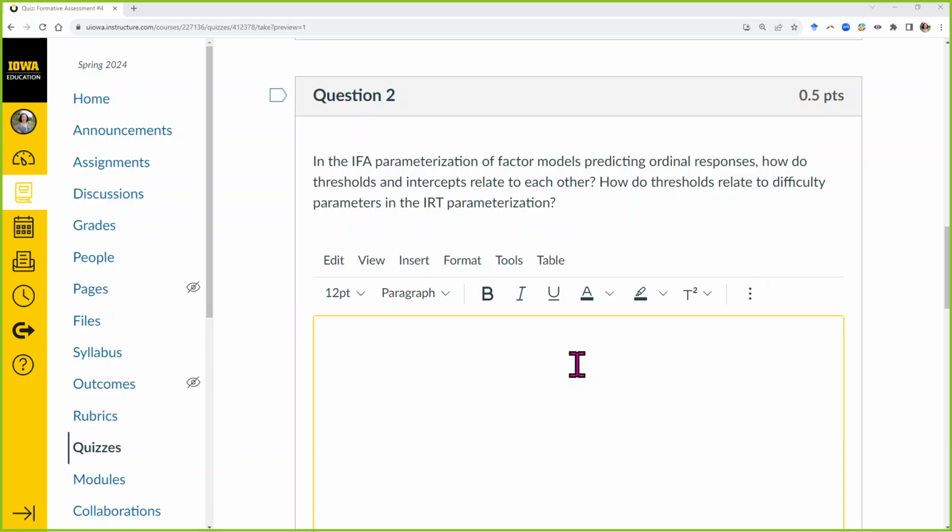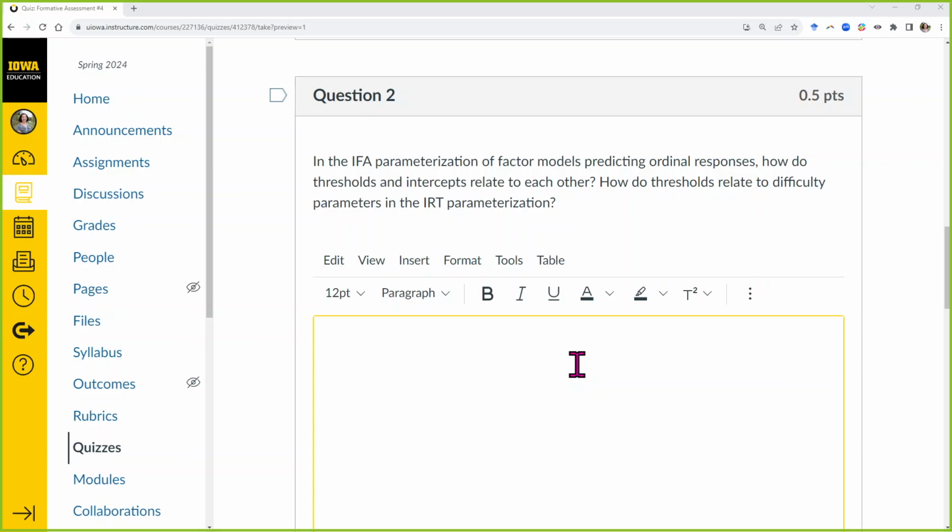We have one answer: thresholds equal difficulty times discrimination in the IRT parameterization. Yes. Any other comment? The difficulty is when you have a theta of 0, and the threshold is when you have the predicted probability of 0. Yes, but good try.